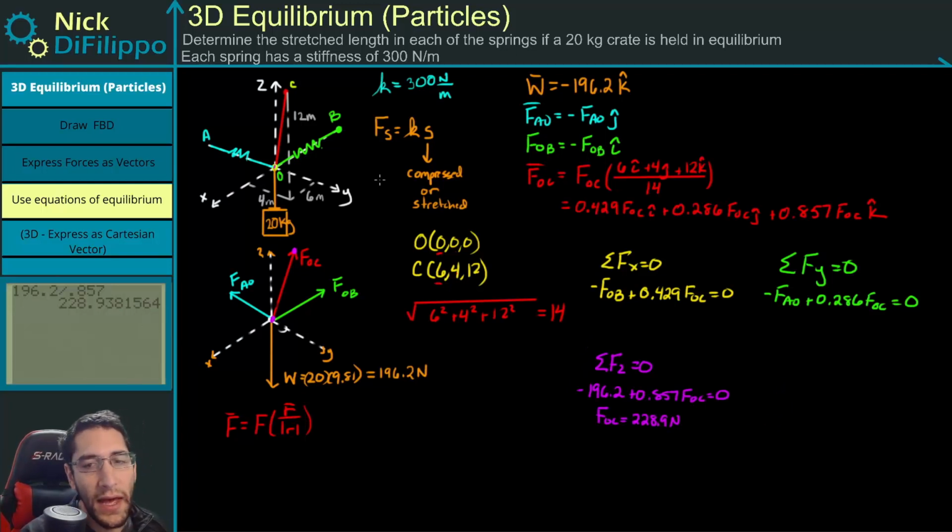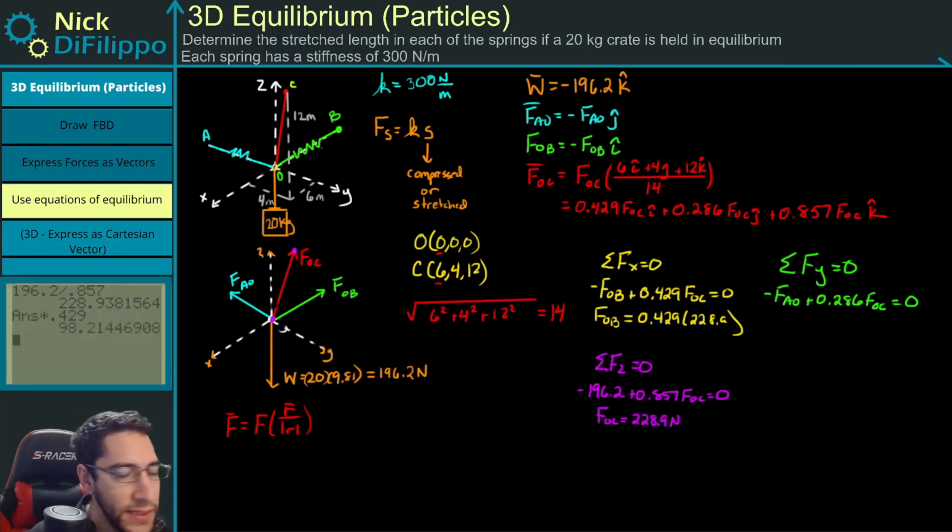When we do that, okay, F_OB goes to the other side of the equation. And this is equal to 0.429 times 228.9. And this is equal to 98.2. And I want to remember this, so let me star this. And same thing for the sum of the forces in the y.